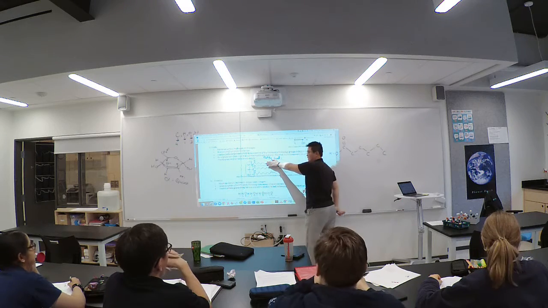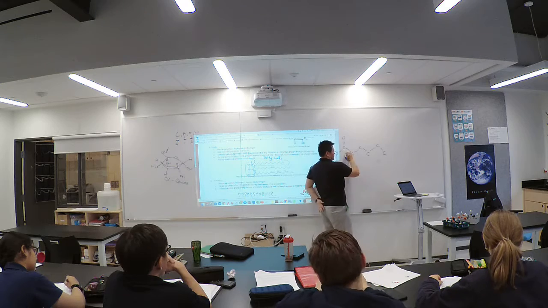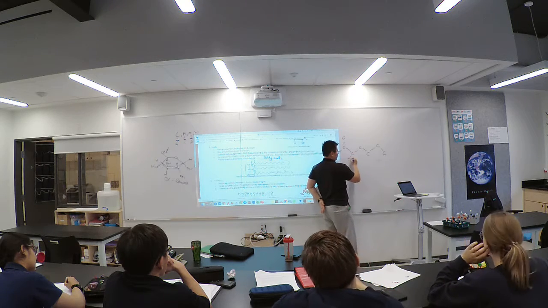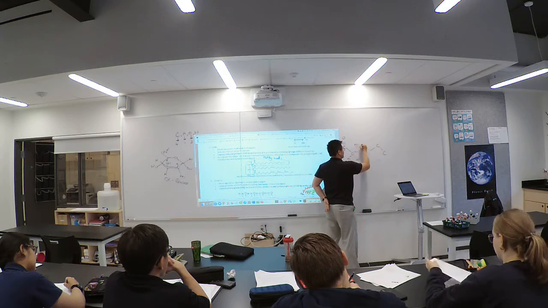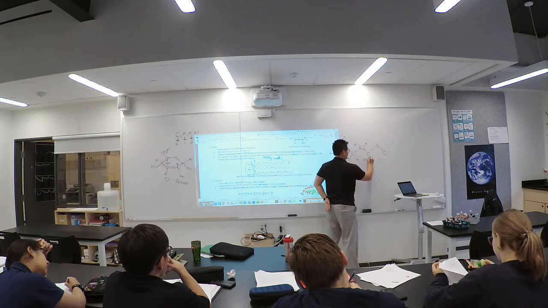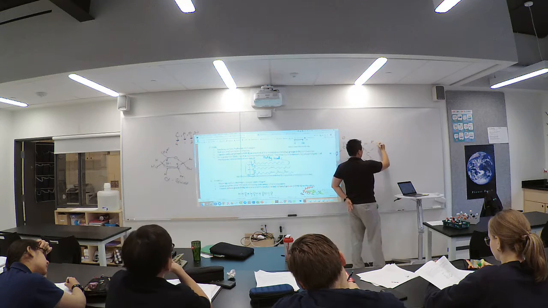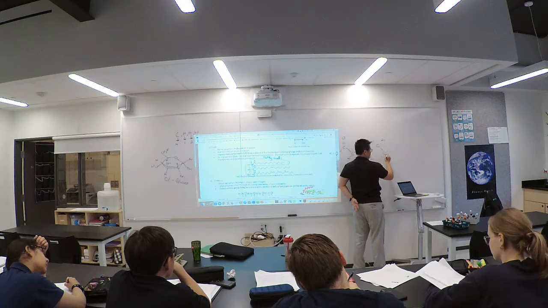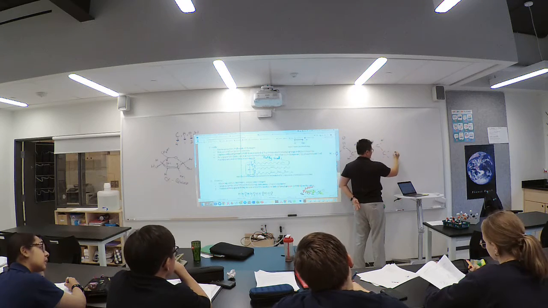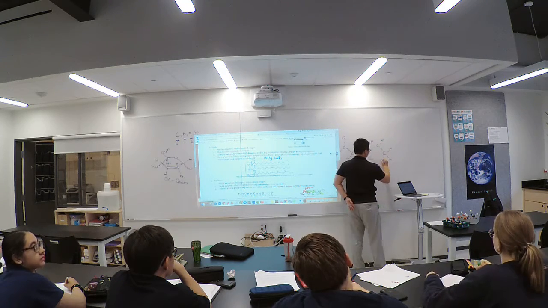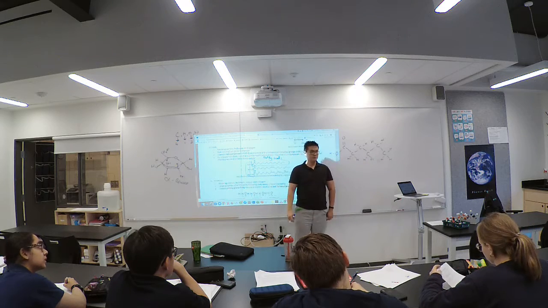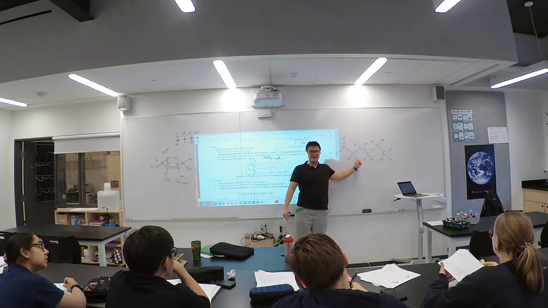I don't want to draw out the whole thing. So in this case, you have hydrogen, hydrogen, hydrogen, hydrogen, hydrogen, hydrogen. And then here, this carbon can form 4 bonds, H3 like this. That is a fatty acid.